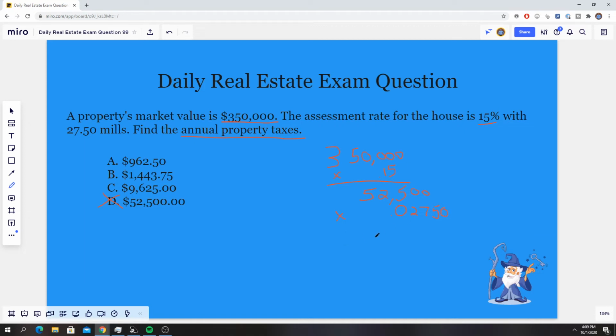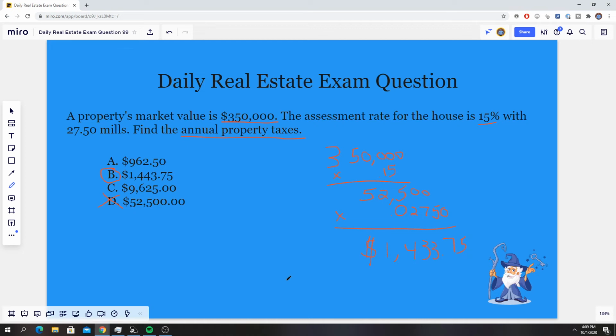And again, we're going to multiply that. So when we multiply that, what does that give us? Well, that's going to give us, put a dollar sign there, $1,443.75, which, believe it or not, is our answer. That is our annual property taxes, which means our correct answer for this one is B.